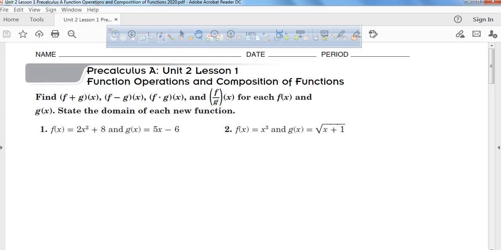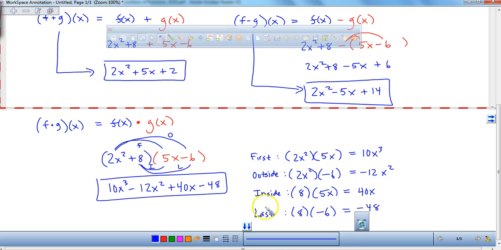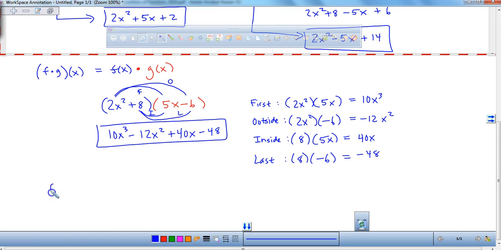All right, and last but not least, let's do the last part, which is, what is f divided by g of x? Written like this, that means we're taking f of x and dividing it by g of x.